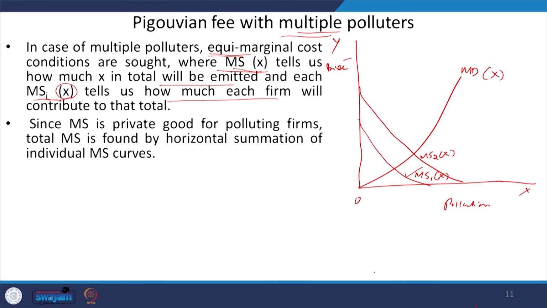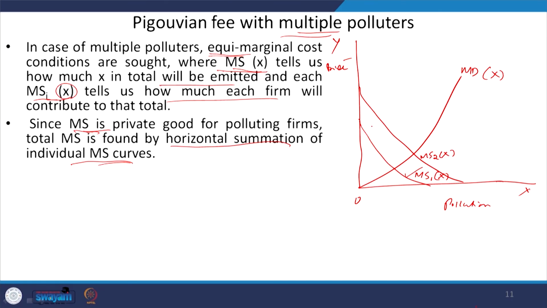Okay. So, since this marginal saving is a private good for both the farms, and the farms will be taking the benefits of this marginal saving, the total marginal savings can be found by the horizontal summation of the individual marginal saving curves, right.